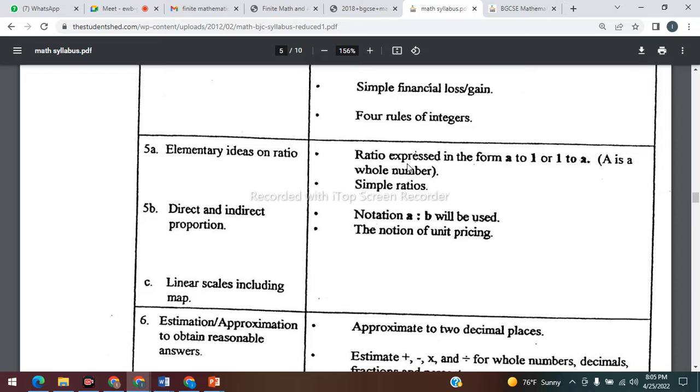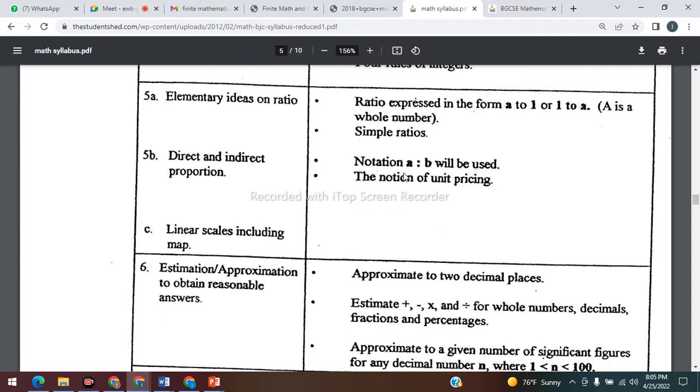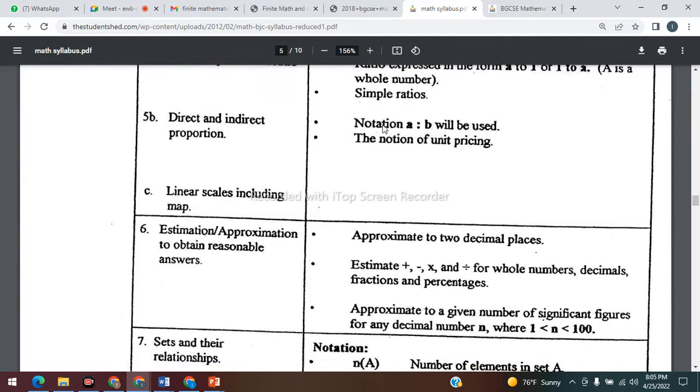Then we have ratio. So if we have the ratio of, say, 2 to 4, how would we simplify that? The ratio of 36 to 56, how would we simplify that? Direct and indirect proportion, linear scales, and maps.